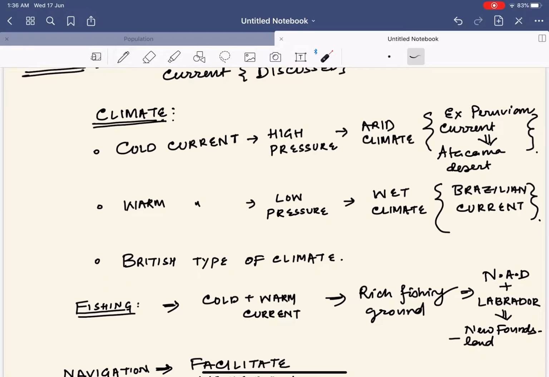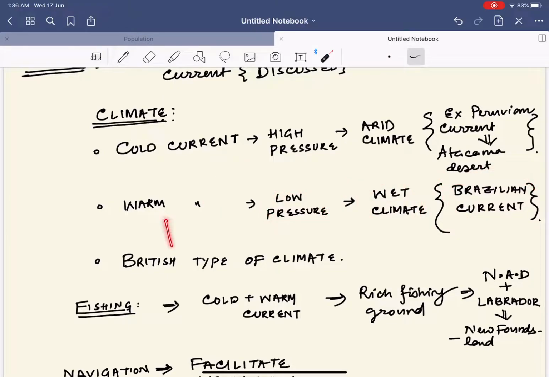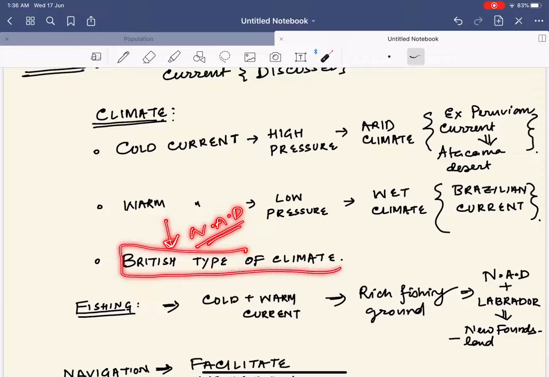Now, the warm current. What does the warm current do? The warm current induces low pressure, hence resulting in a wet climate. An example is the Brazilian current. Remember that a warm current such as the North Atlantic Drift is also responsible for the British type of climate.